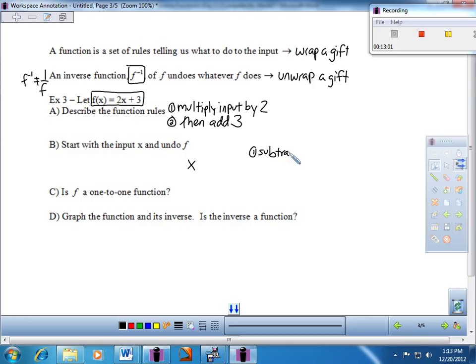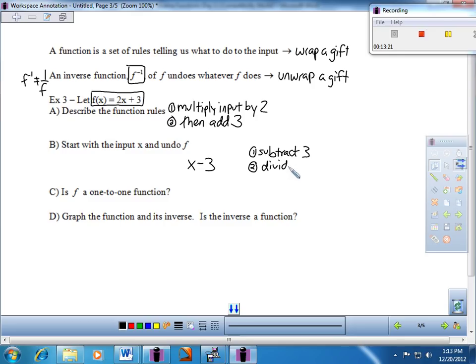So I would subtract 3. So everyone start with x and very simply subtract 3. Okay, so that's where I am at this stage. Undid this step right here, and now I'll undo that first step. How do I undo multiplying by 2?